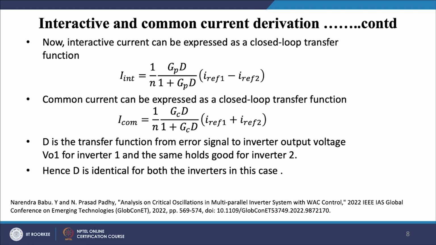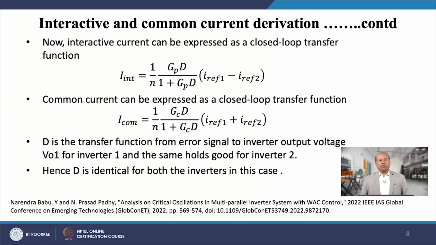After understanding some basics on how the inverter output current behaves, we have come to the final stage of getting the actual expressions for interactive current and common current, in a similar way as we did for the single inverter. Here also we will derive the closed loop transfer function of a 2 inverter system with inverter output currents as the output variables and error signals as the input variables.